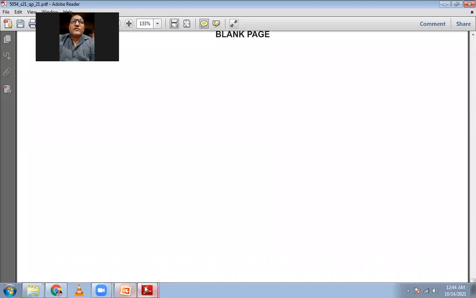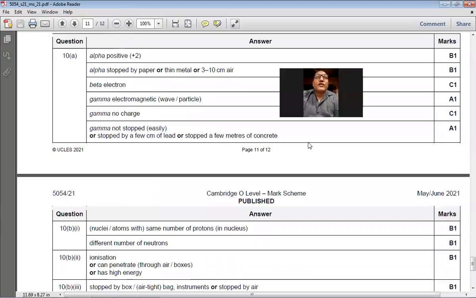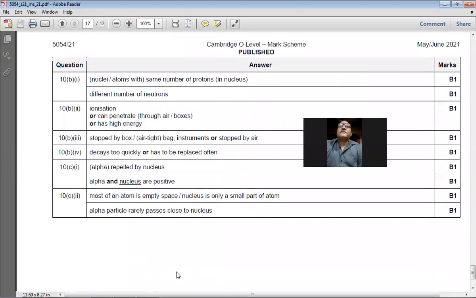Let me show you the marking scheme for question number 10. It is showing up on your screen. You can pause the video and take your time with this marking scheme.